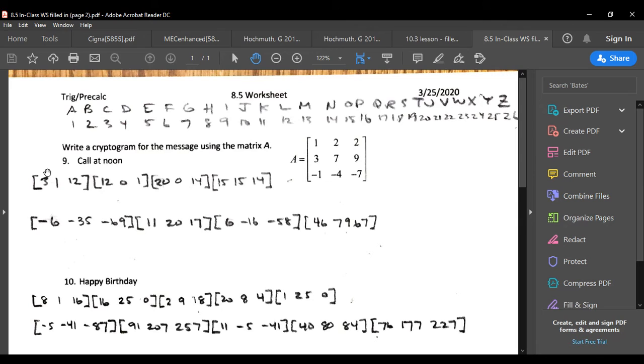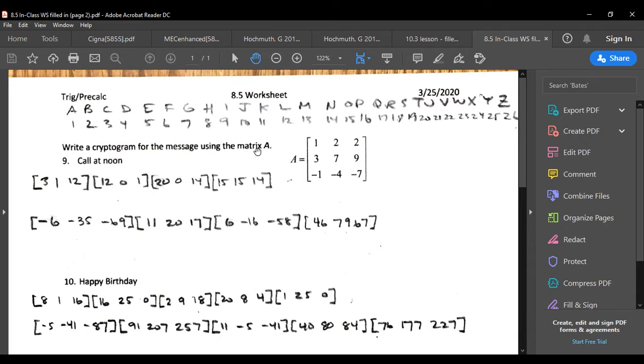So let's just take a look at the first one, how that would look. So 3 times 1 is 3, plus 1 times 3 is 3, so 3 plus 3 is 6, plus 12 times negative 1 is negative 12. So 6 minus 12 would give me negative 6.